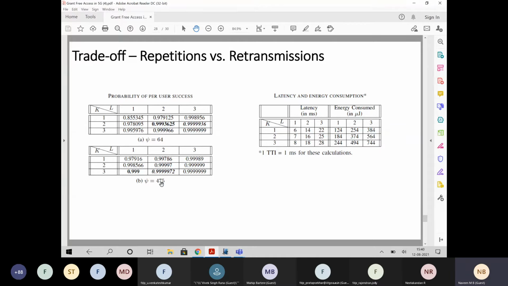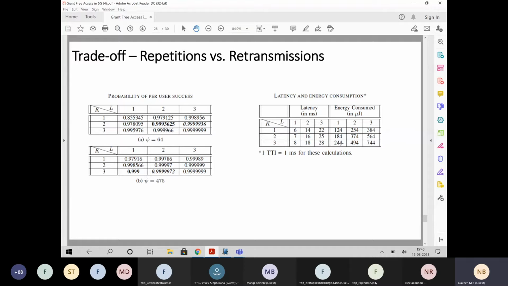If you increase the number of preambles, 3 repetitions and 1 retransmission is enough. 3 and 2 is more than enough for URLLC. Now if I look at the energy consumed, the energy consumed for these will be 374 and 564, but the energy consumed for the others will be 244 and 494 millijoules.